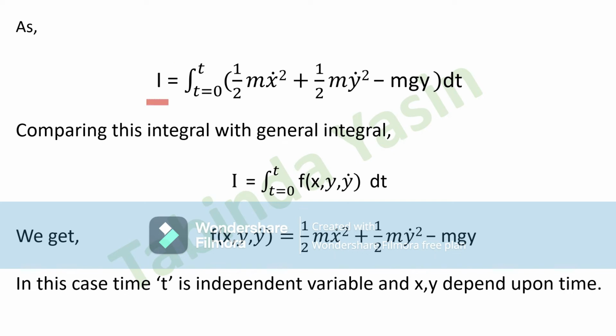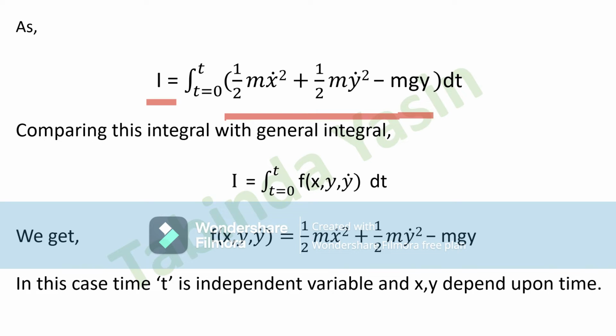As the integral I is equal to the integral from t equal to 0 to t, substituting the value of L, 1/2 m x dot squared plus 1/2 m y dot squared minus mgy dt.